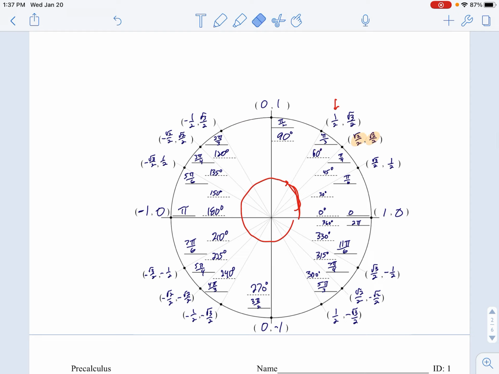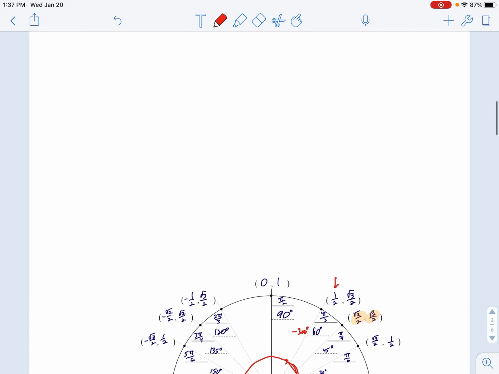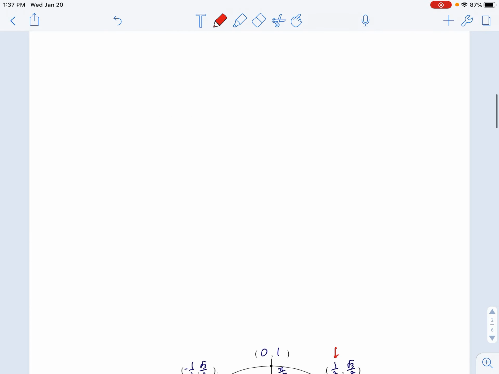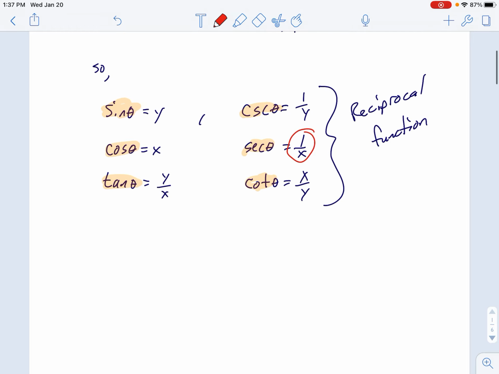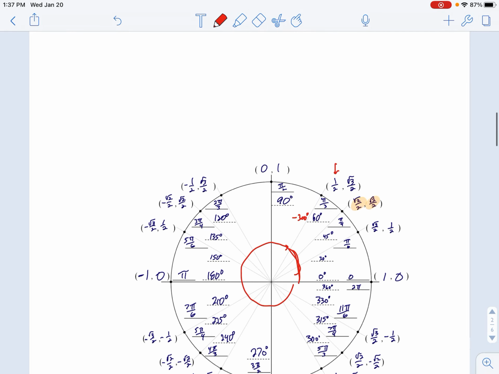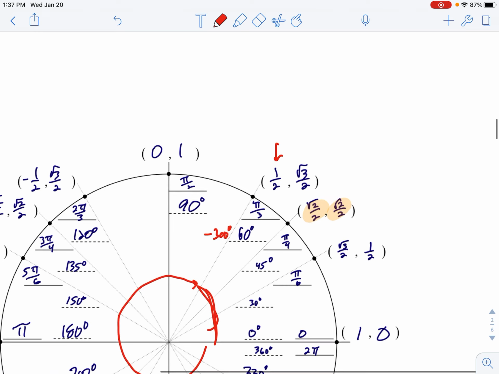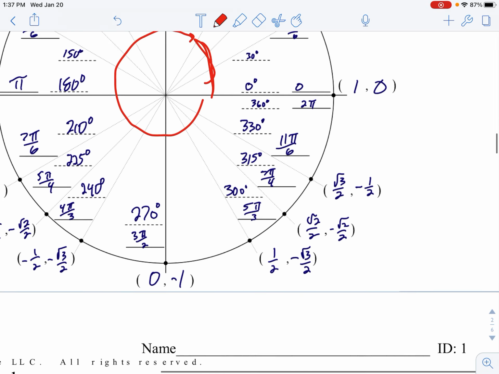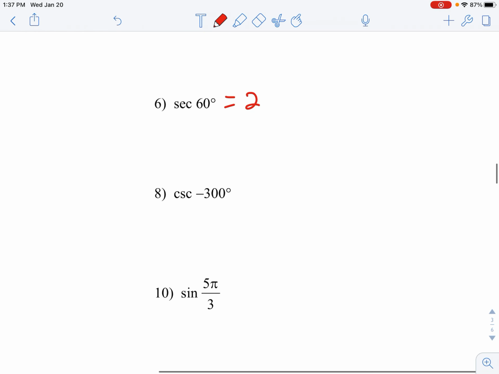Negative 300 is basically the same thing as 60. And what are we doing? Cosecant. Cosecant is the reciprocal of the y value, so it's 2 over the square root of 3. And then we have this rule about not being allowed to have radicals in the bottom of a fraction, right? So we have to do this little deal.